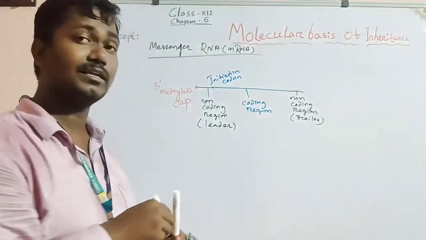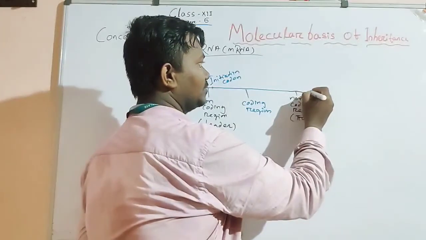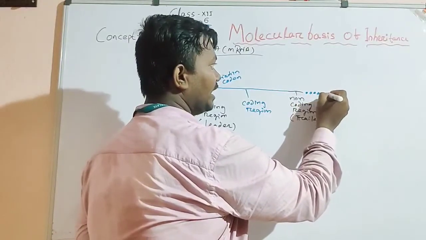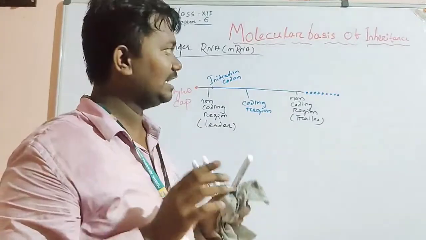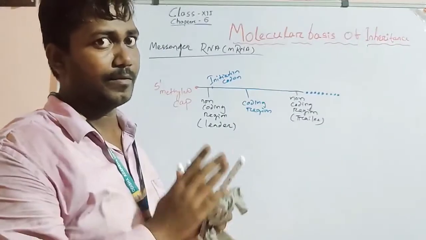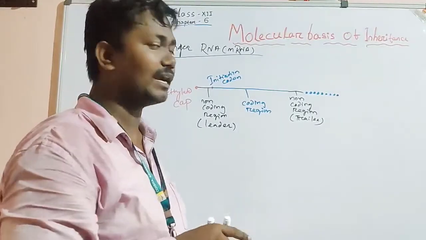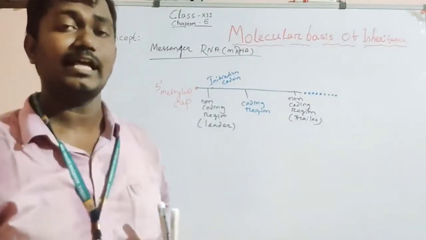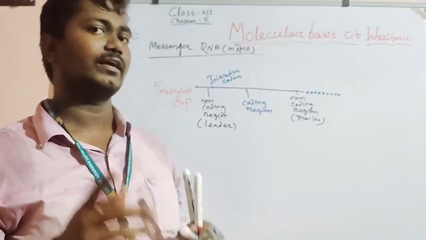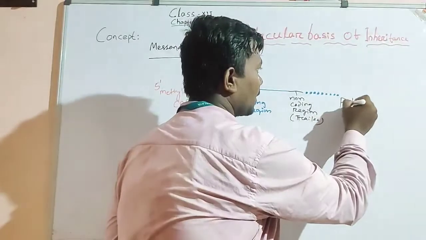After that a lot of adenine is added to the tail, hence it is popularly known as the poly A tail, whose main function is to detach the mRNA from the ribosomal complex after translation and save the mRNA from the enzymes present in the cytoplasm.